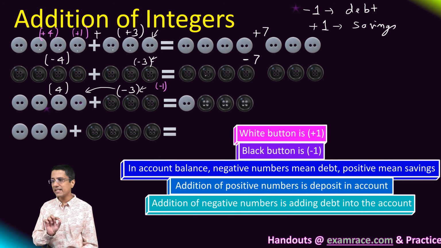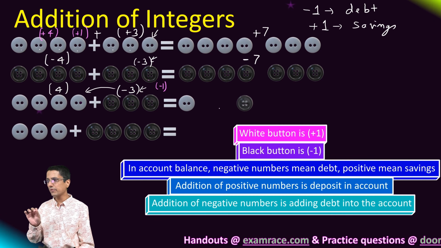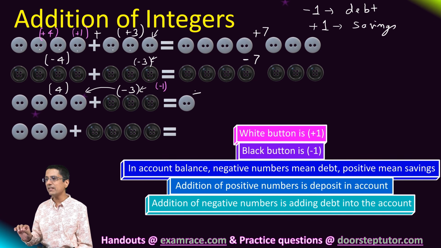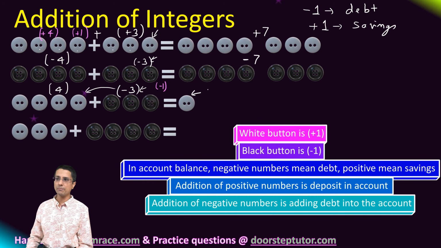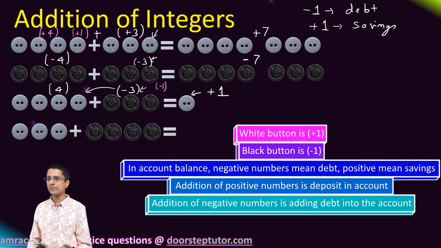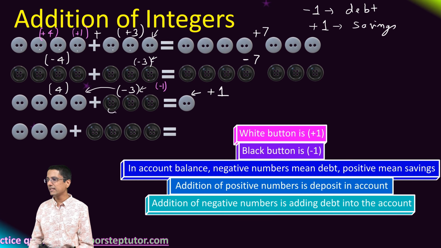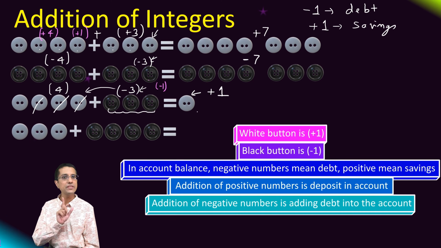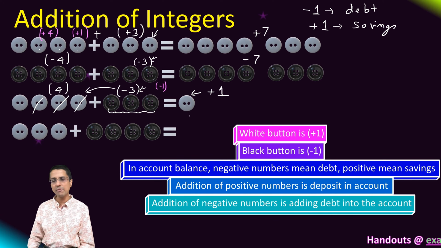Not only that, all these 3 rupees can be taken from the bank account, but additionally 1 rupee extra would be left in my bank account. So my balance would become +1. So all of these 3 rupees that I am withdrawing can be taken from my bank account, and I am still left with 1 more rupee of balance. So that would be my final answer.